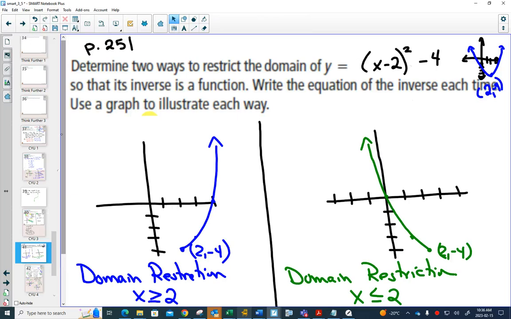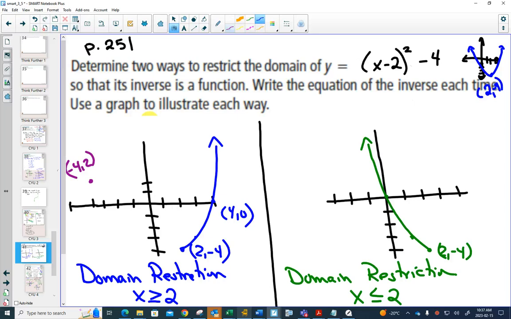Graphically, I'm going to draw my inverse for both of them in purple. If I have 2, -4, on my inverse, I would have -4, 2. And if I take another point that I have on my graph, for example, I have 4, 0 on my graph.